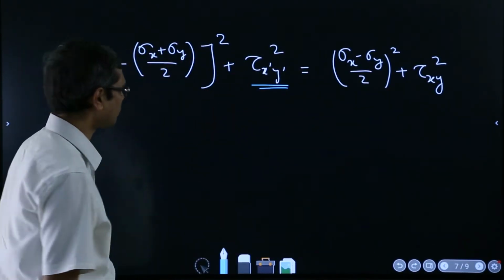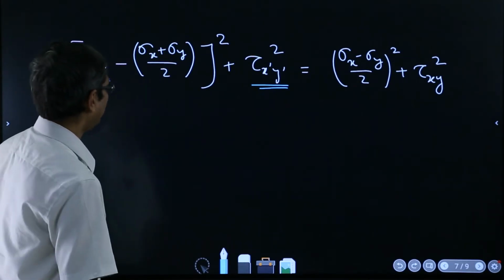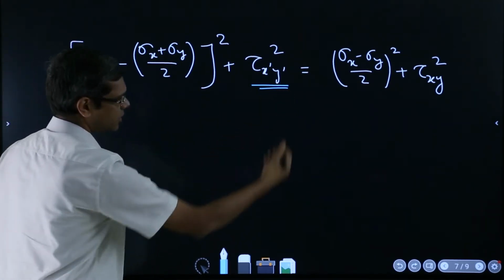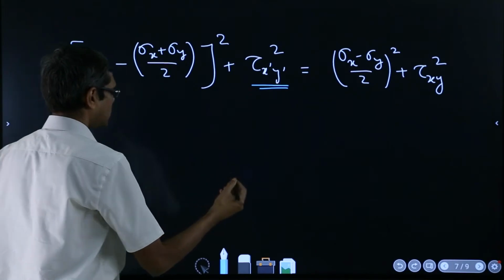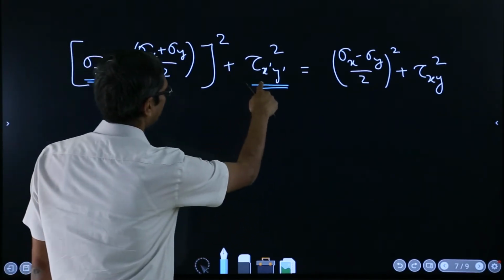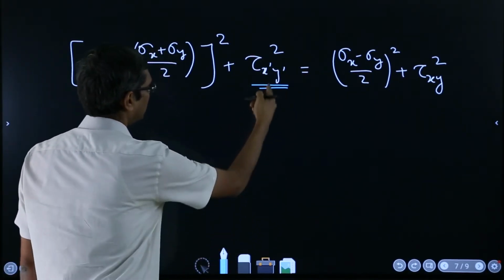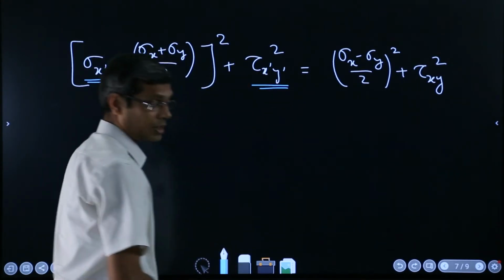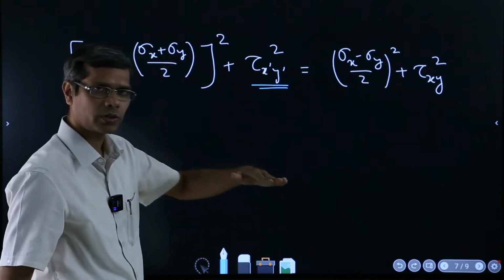this expression. Now, obviously this is the equation of a circle, and if you see the y coordinate, that means the center of the circle lies on the x axis.